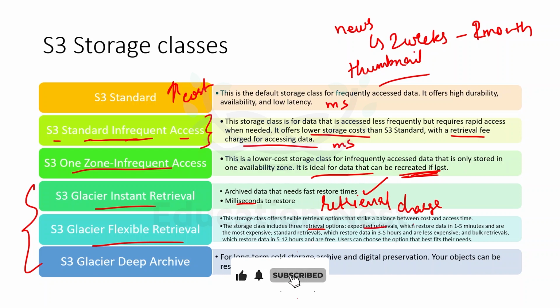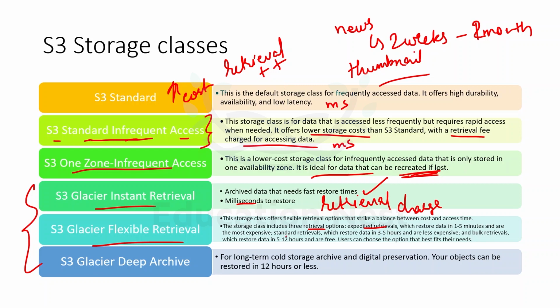If you go with expedited retrievals, understand this, retrieval will always have a charge associated with it. Expedited retrieval will restore your data in 1 to 5 minutes, but it will add to the cost. Apart from the normal retrieval fee that we pay, you have to pay something extra for expedited retrievals.